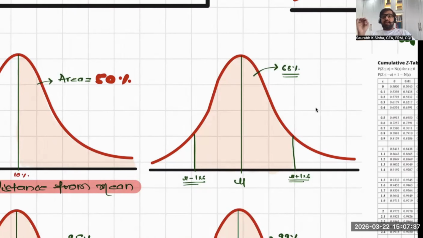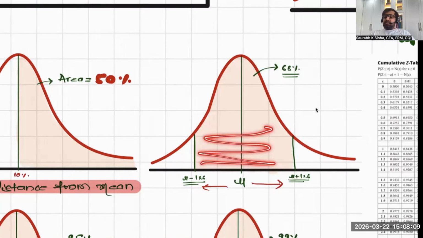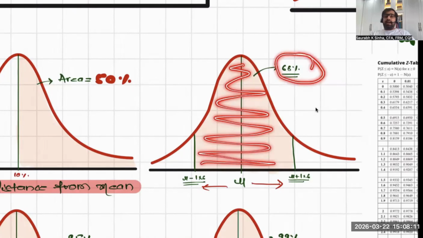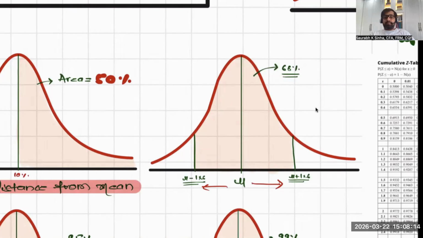Whether the mean return is 10% or 15% or 20%, and the standard deviation is 2% or 2.5%, 5%, 7%, it doesn't matter. If you move one standard deviation in the left and the right direction from the mean, then the area under the curve that it covers is approximately 68%.